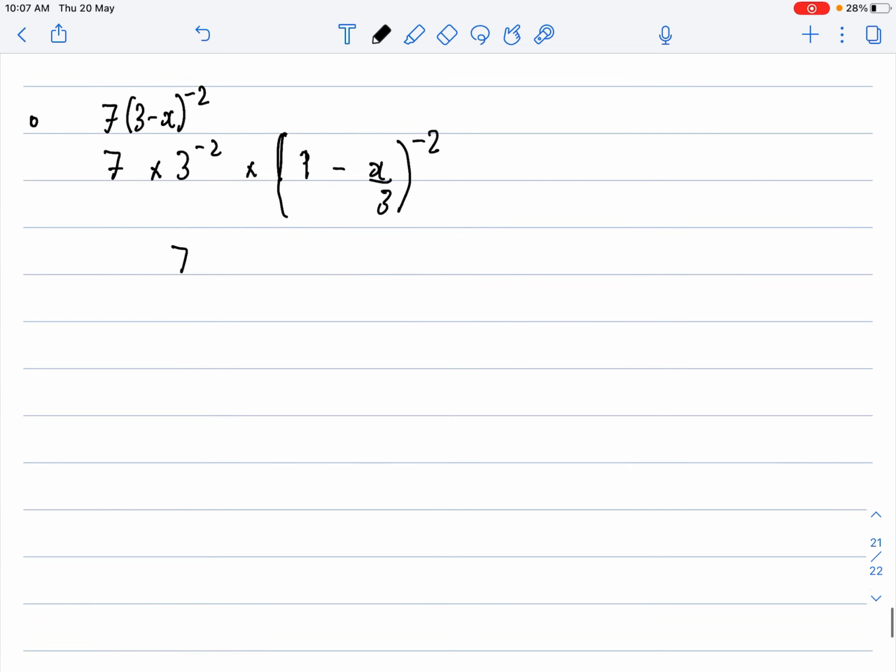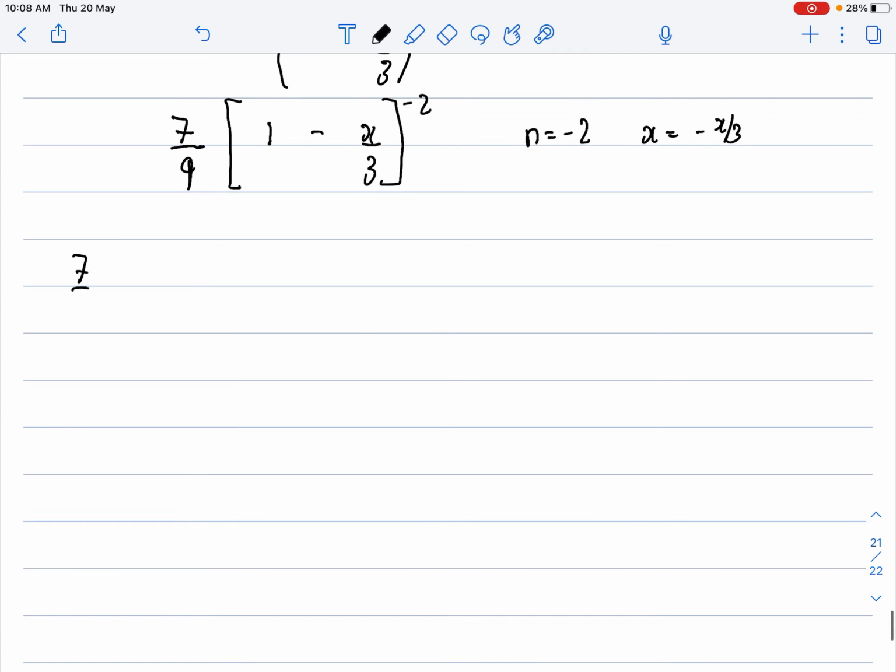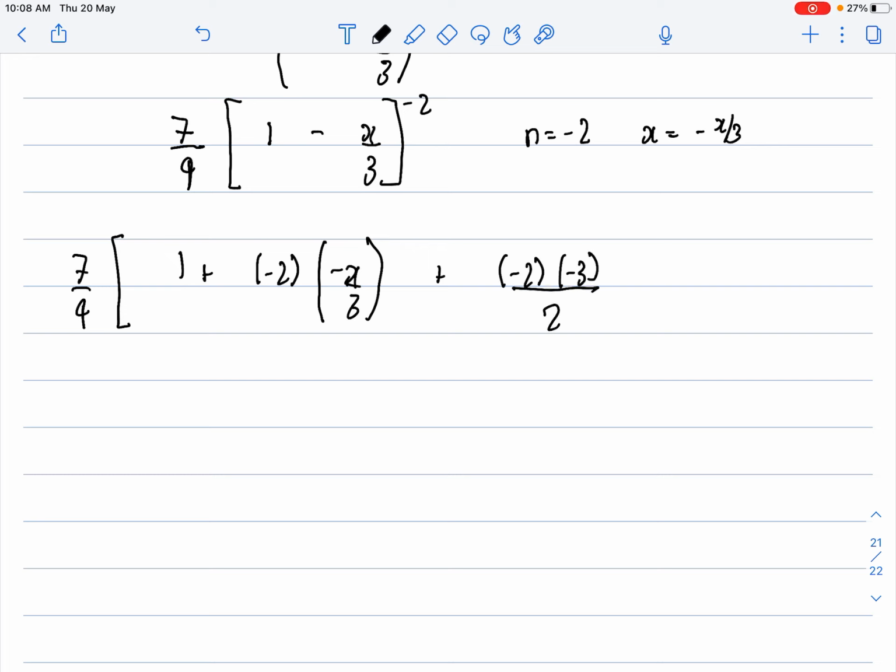So now I can write this basically as 7 over 9 multiplied by 1 minus x over 3 raised to minus 2. Here I know my n is minus 2, my x is minus x by 3. So simple substitution as 7 over 9 with 1 plus minus 2 into minus x over 3 plus minus 2 into minus 3 over 2 factorial into minus x over 3 the whole square.